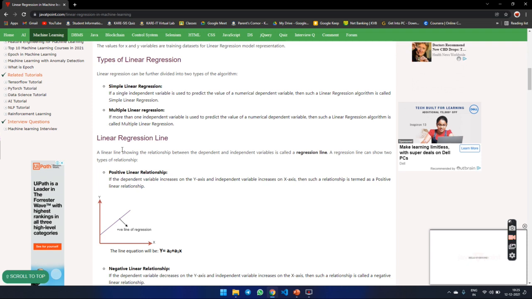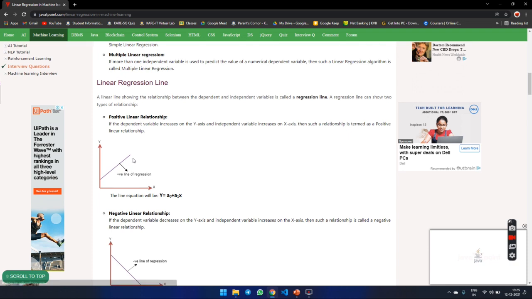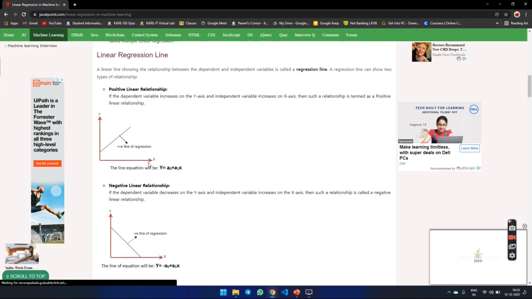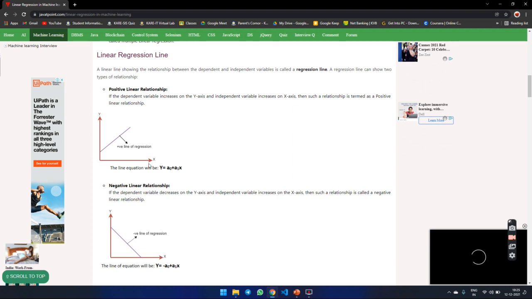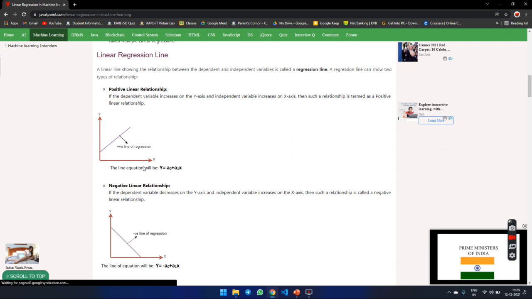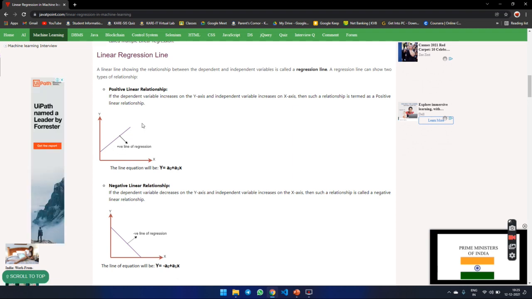A regression line is also divided into two types of relationships: one is a positive linear relationship, another is a negative linear relationship. If the dependent variable increases on the y-axis and the independent variable increases on the x-axis, then such a relationship is termed a positive relationship. See this graph: this is x, this is y, and this line represents a positive linear regression.